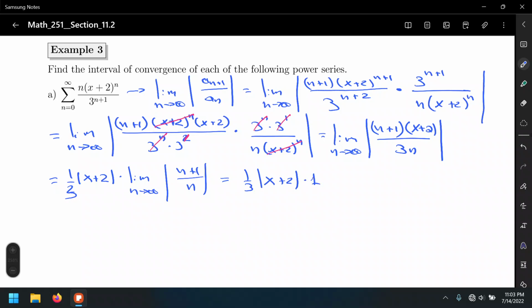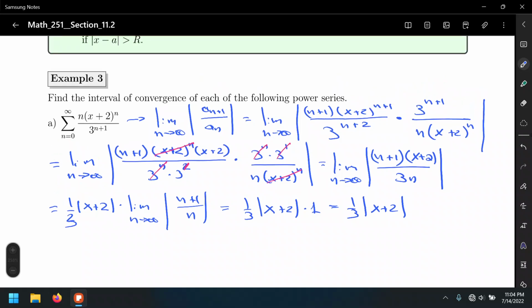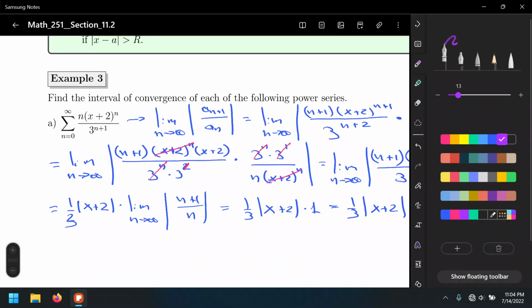Okay, so we're done with 1/3 times the absolute value of x plus 2. But how do we go from here to find the interval of convergence? Well, because we are using the ratio test, recall that for the ratio test, let me write it down.